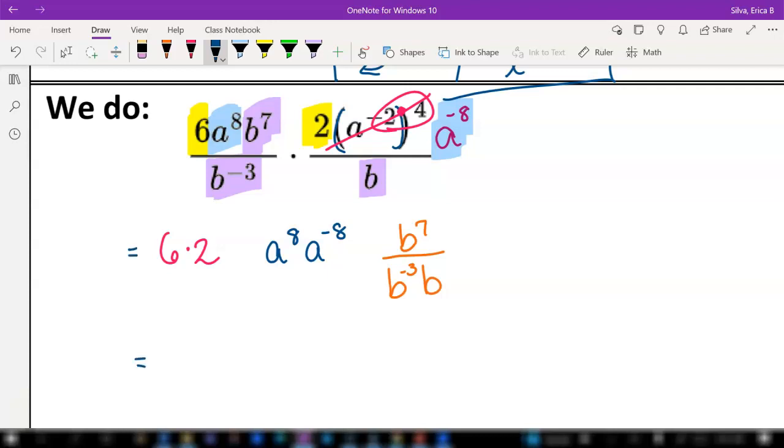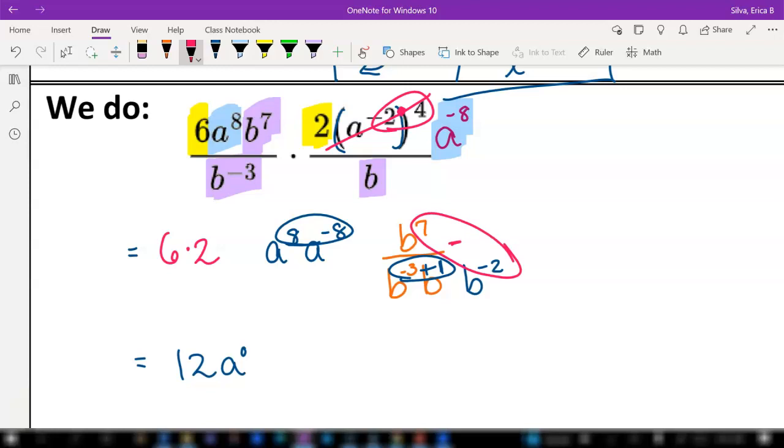Okay, so let's simplify this. We've got 12. 8 minus 8 is 0, so a to the 0 power. And then we have a 1 over here, so we're going to add these two. That gives us negative 2. And so we have b to the negative 2 as the denominator and b to the 7th as the numerator. So these we're going to subtract.